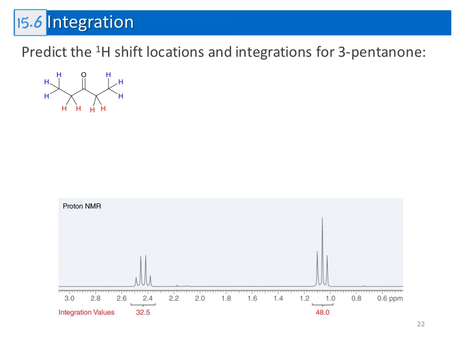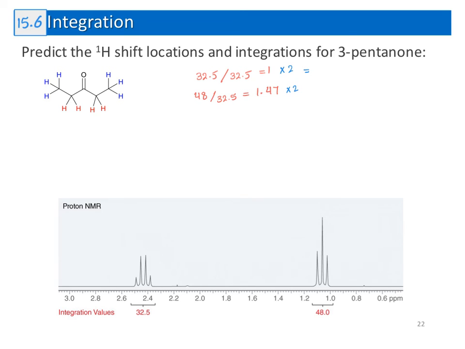So what we can do, we need to divide these two values by the smallest value, which is 32.5. 48 divided by 32.5 gives me 1.47. Now we don't have half hydrogen, so we need to multiply both of them by 2.